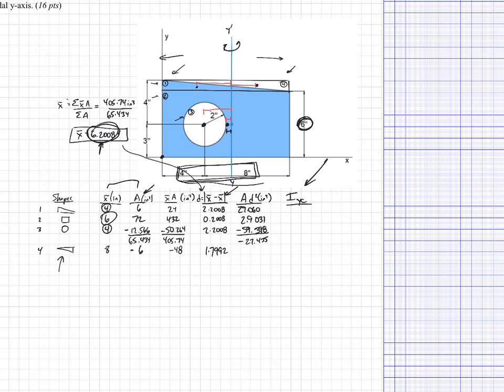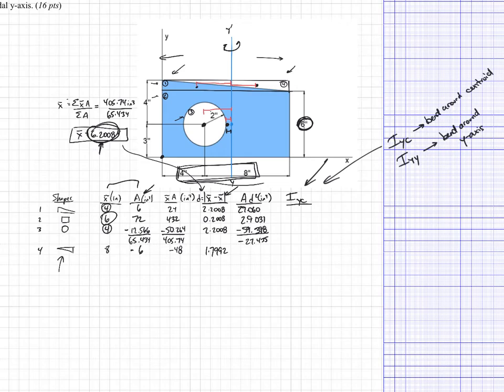A lot of you got these formulas wrong, and I would suggest very strongly that you go back and look them up. If you look up there, there's going to be two I y's. One is an I y c, and the other is I y y. This one is if you bend it around the y-axis. This one is if you bend around the centroid.